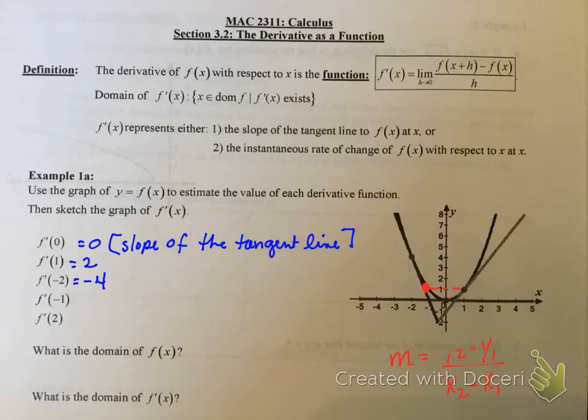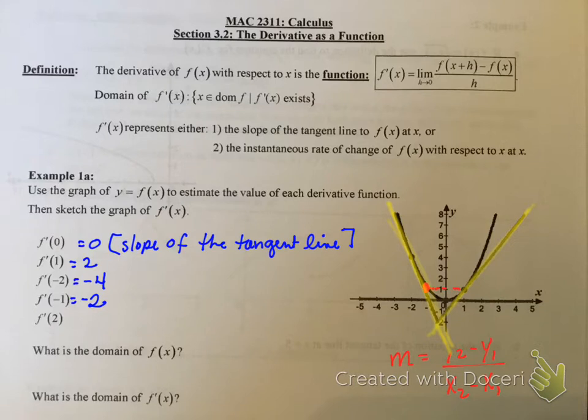I know that the slope when x equals 1 is positive, and we concluded that it was 2. That's the slope when x equals 1. And since it's symmetrical to this line here, the slope is just opposite. So the slope's going to be -2.